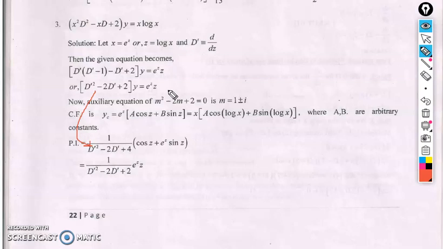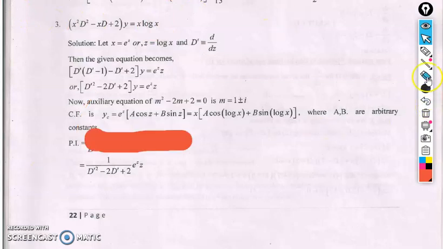So the PI becomes 1 by f of d dash, acting on e to the power z into z. It is d dash squared minus 2d dash plus 2, and e to the power z into z.